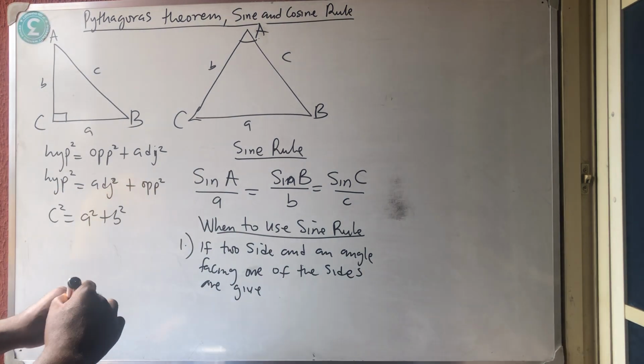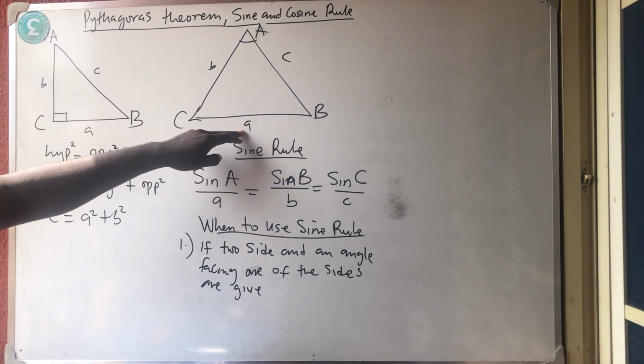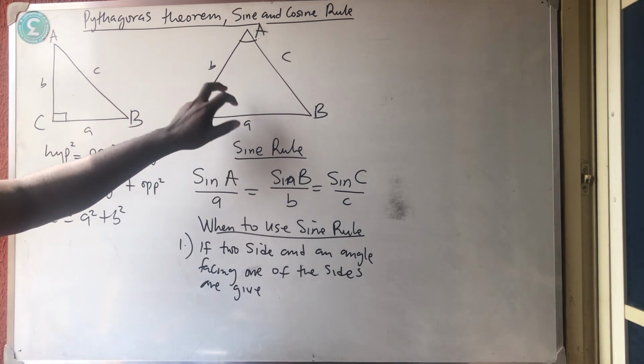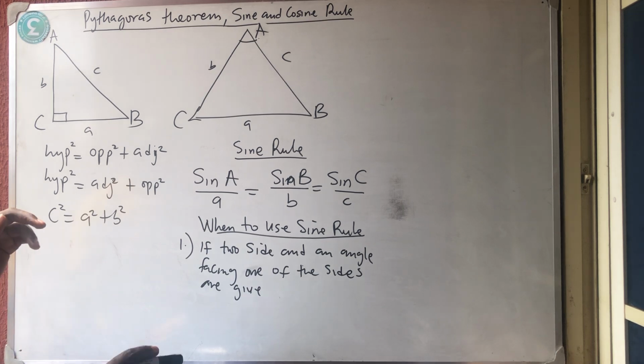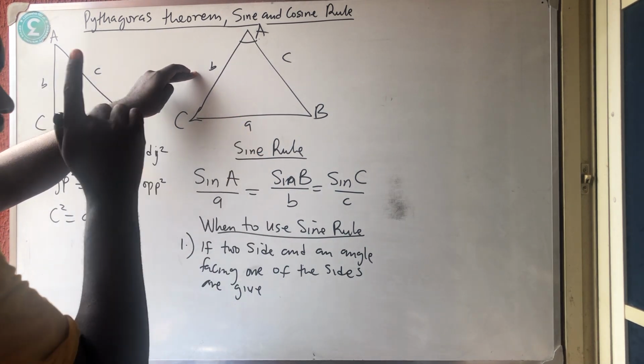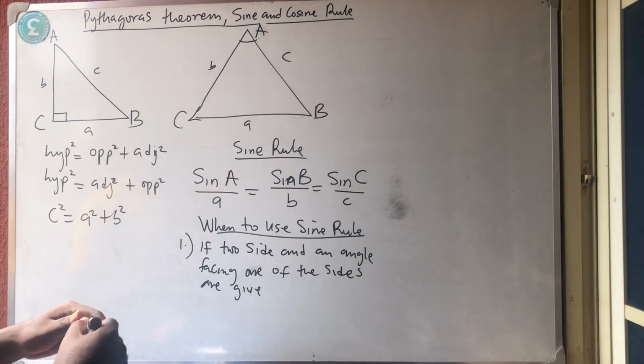So if I am given side A and B and maybe angle C, I cannot use sine rule because this angle is not facing any of the two given. So you only use sine rule when two sides and one angle is given. That angle given must be facing one of the two sides they gave you. That is when to use sine rule.